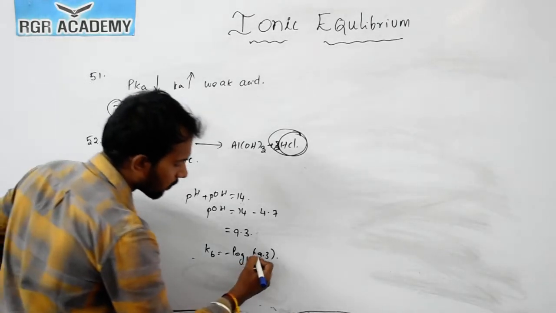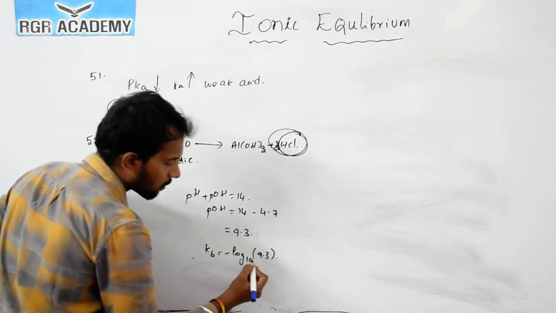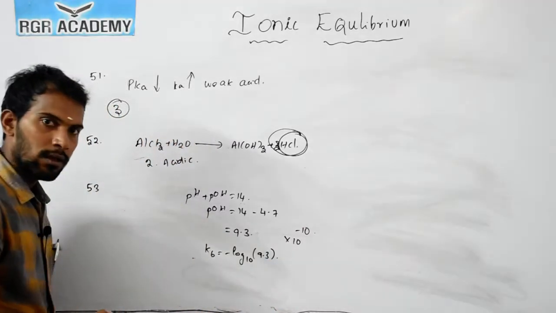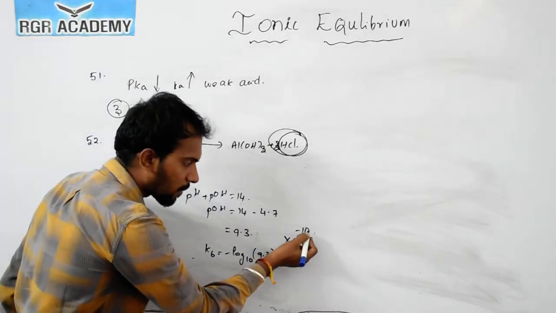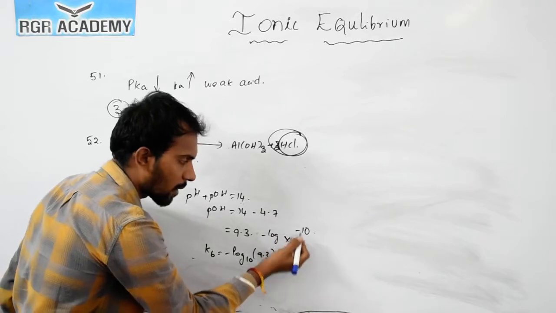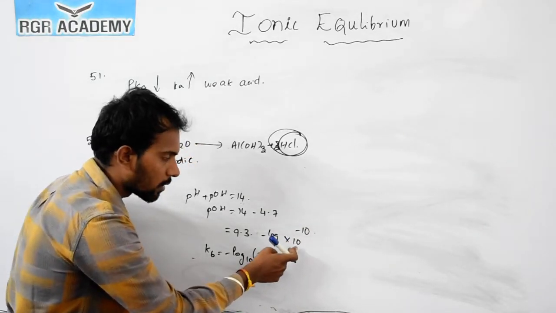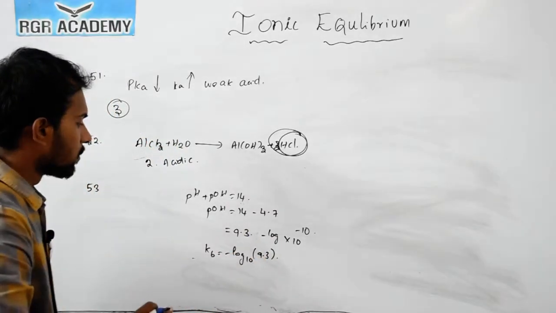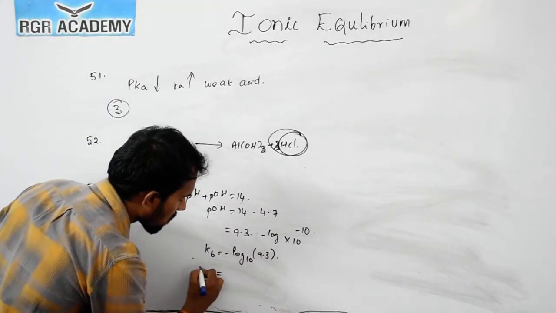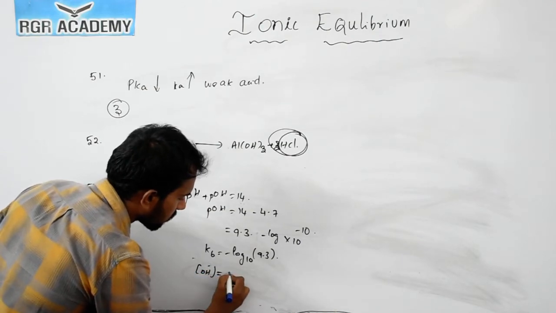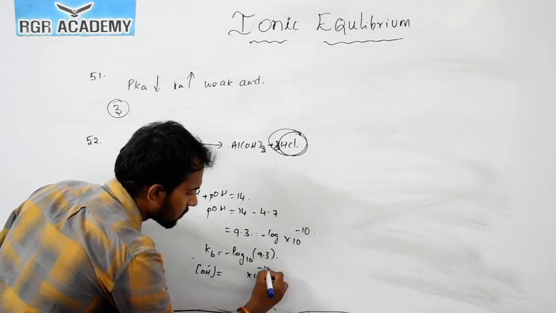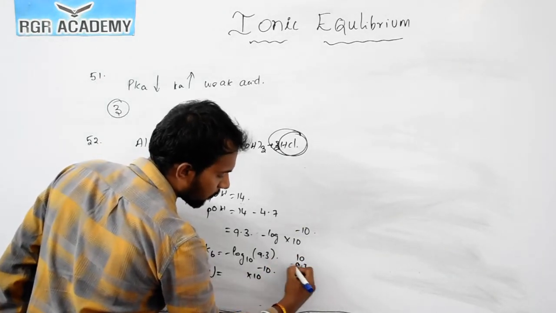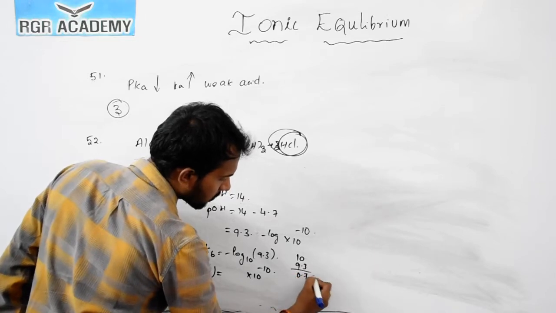So it should be 10 power minus 10. When you take minus log of 10 power minus 10, the value is 10, this minus will become plus. So see this value: 10 minus 9.3, the remaining value is 0.7.